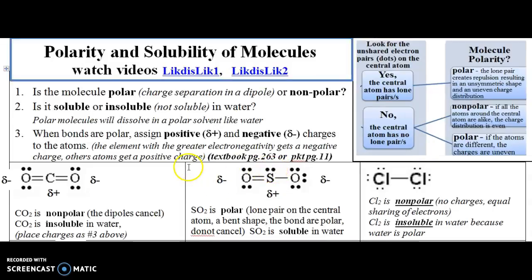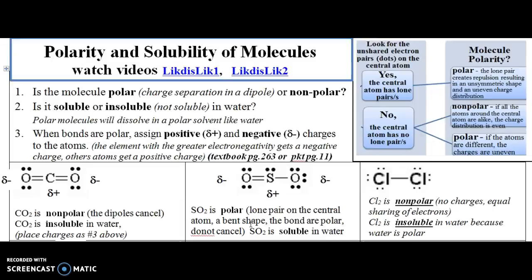The lone pair pushes against the two SO bonds to make this an angular, bent shape. So the bond polarities don't cancel out, and this molecule will be polar. It has polar bonds and an unsymmetric bent shape, which makes sure that the bond polarities do not cancel.